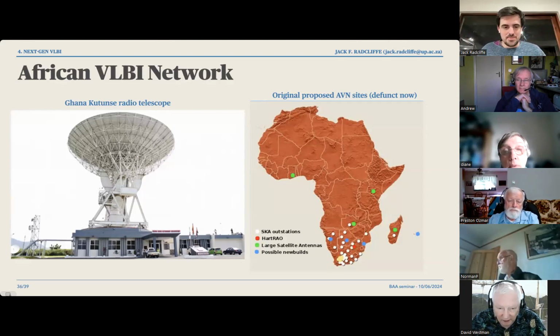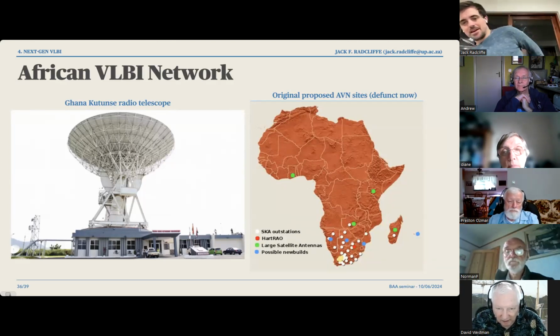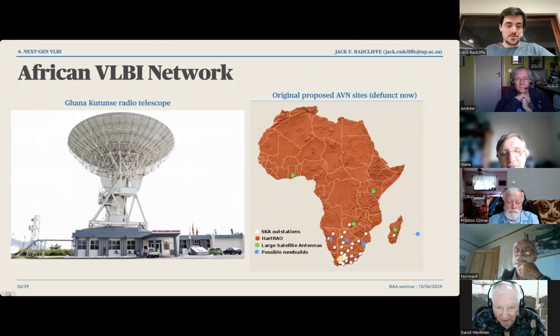There's a lot more you need to do to see distant astrophysical sources than satellites, which are extremely bright. The other thing is the Kenya telescope got copper stolen. All the copper got stripped out of the telescope. So for now, the African VLBI Network is starting up as an idea again.